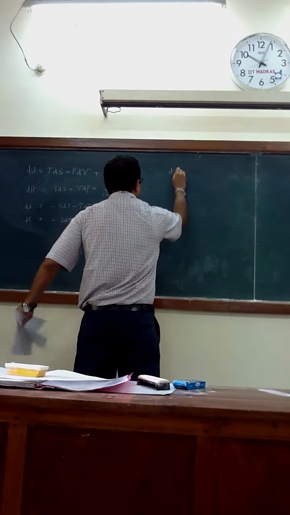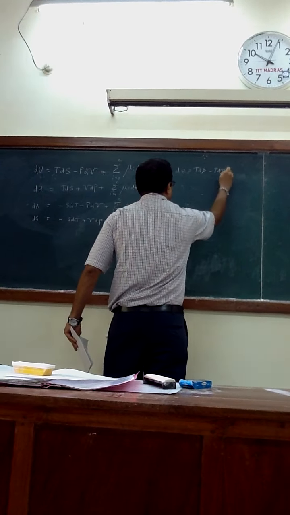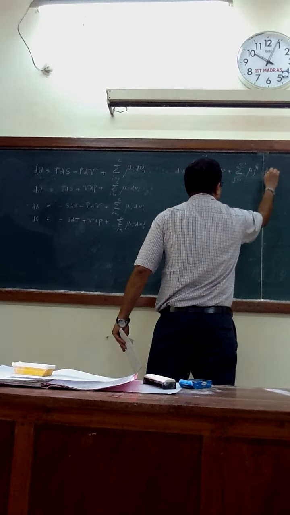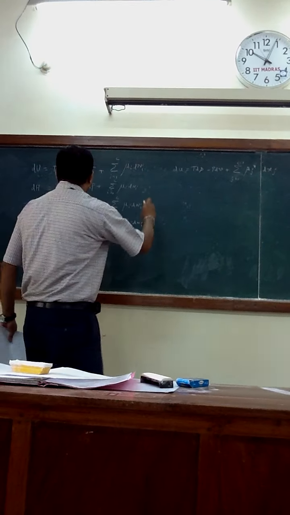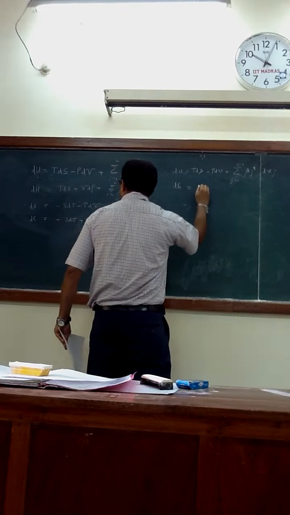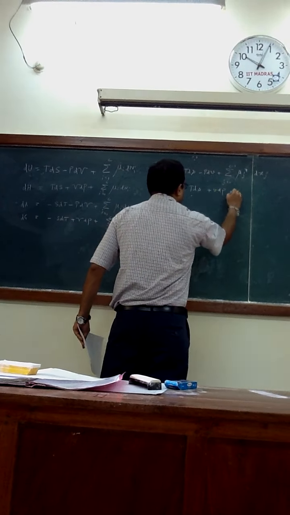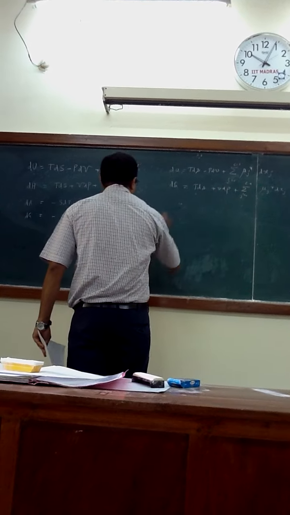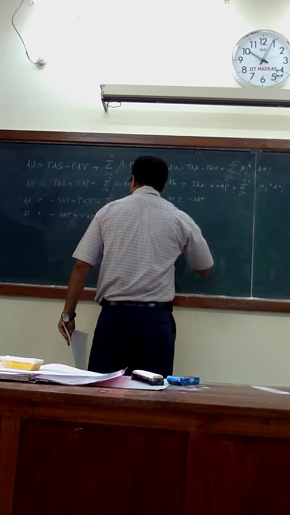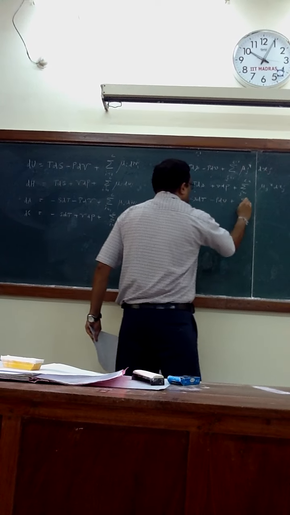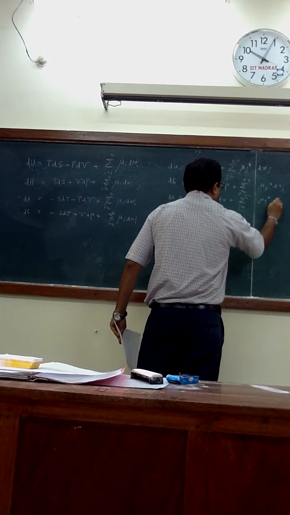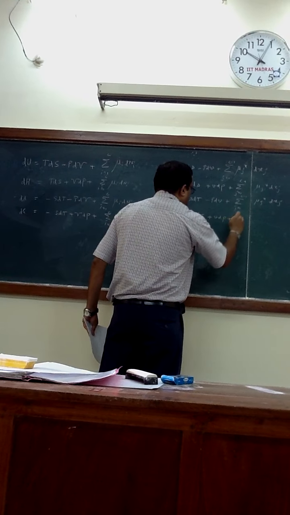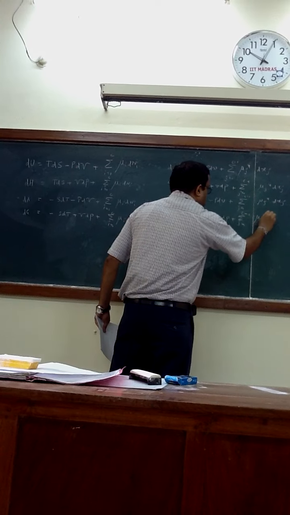The specific variable: du equals TdS minus PdV plus summation j equals 1 to C minus 1 mu j star dx_j, right? dH equals TdS plus VdP plus summation j equals 1 to C minus 1 mu j star dx_j. dA equals minus SdT minus PdV plus summation j equals 1 to C minus 1 mu j star dx_j, and dG equals minus SdT plus VdP plus summation j equals 1 to C minus 1 mu j star dx_j.